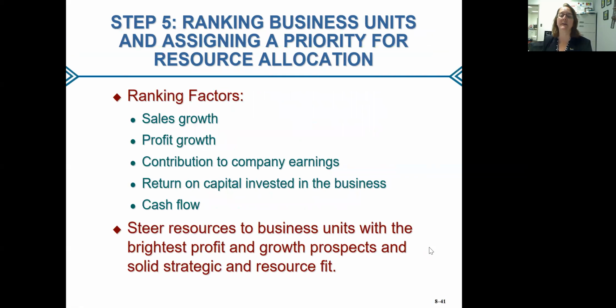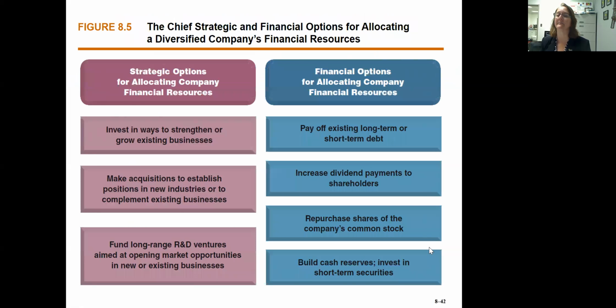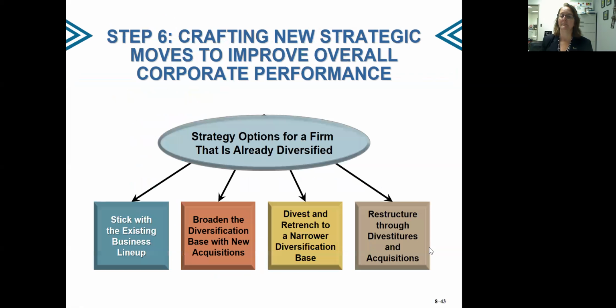You're going to rank things like sales growth, profit growth, contribution to company earnings, return on capital invested in the business, and cash flow. And then you're going to steer resources to business units with the brightest profit and growth prospects and a solid fit. Okay, I'm going to skip that.